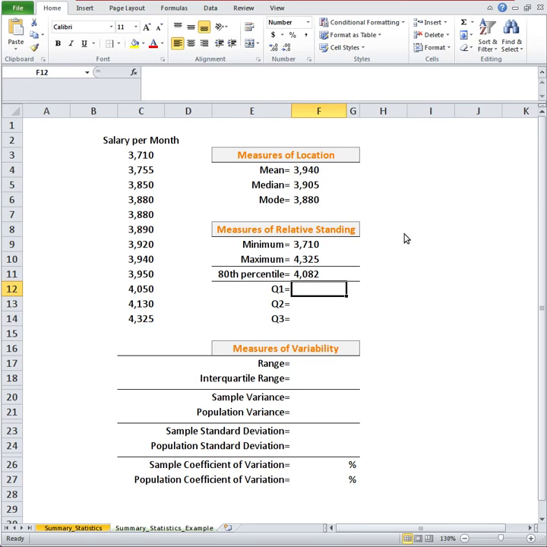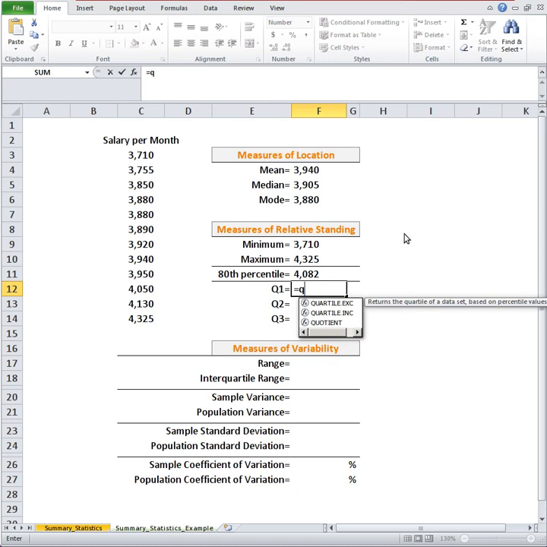Now we're going to get the first quartile, which is nothing different than the 25th percentile, but we're going to use a particular formula for this. So if I hit equal and type in quartile, then again I have three options, and we're going to use the exclude version of the formula.